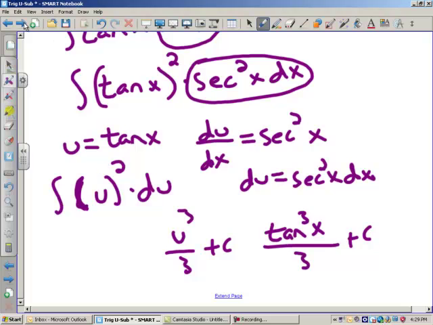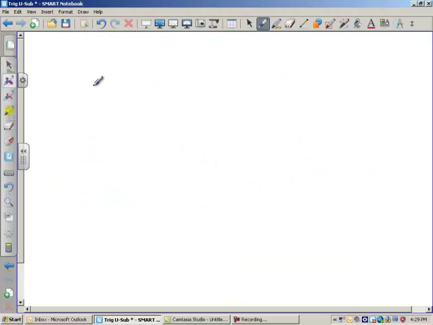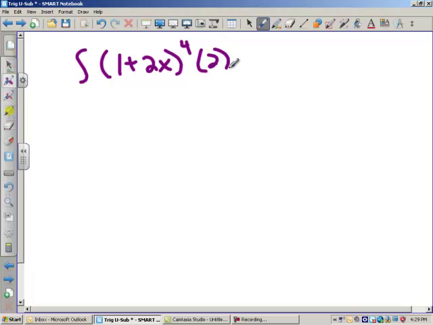Alrighty, so let's do a couple more. You don't always have to do u substitution if you can recognize it in the problem. So I'm going to show you what I mean by this. Now, I've got the integral of 1 plus 2x to the 4th times 2 dx. In your head, you might think, well, all of this is u.